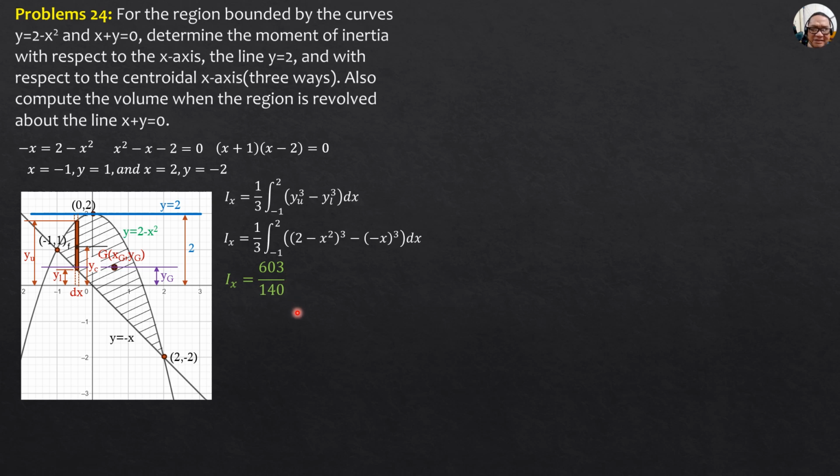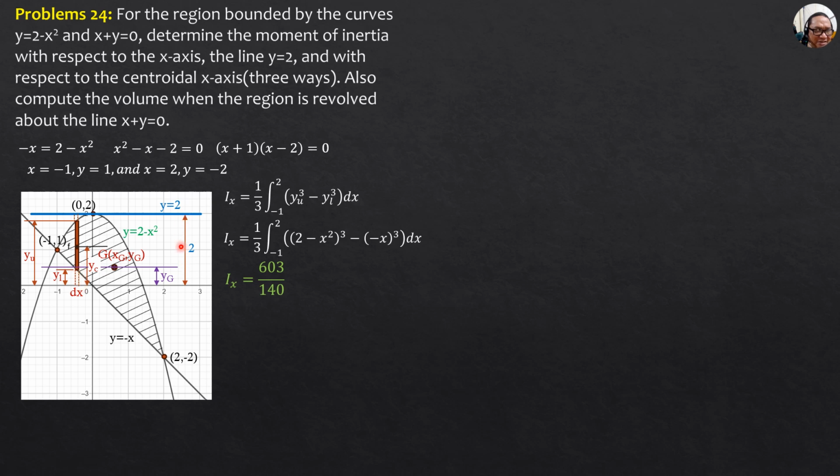Then likewise for I with respect to the line y equals 2, about this line here. Take note that this distance is 2, and therefore we have another situation here. We have the moment of inertia of the big rectangular strip, base dx. The distance of this bigger, higher rectangle with respect to y equals 2 is 2 minus lower y.